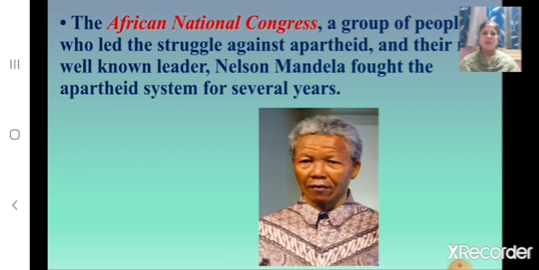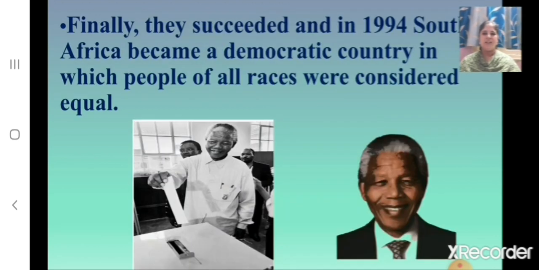He fought the apartheid system for several years, and finally they succeeded, and in 1994 South Africa became a democratic country in which people of all races were considered equal.